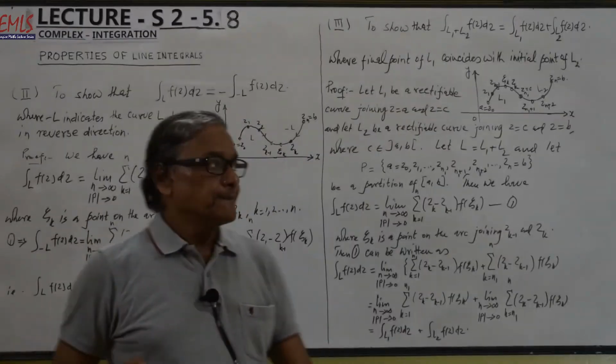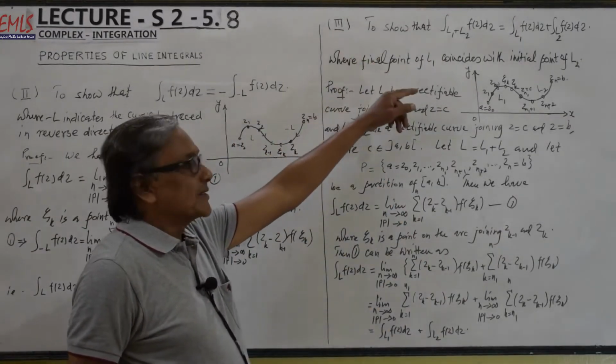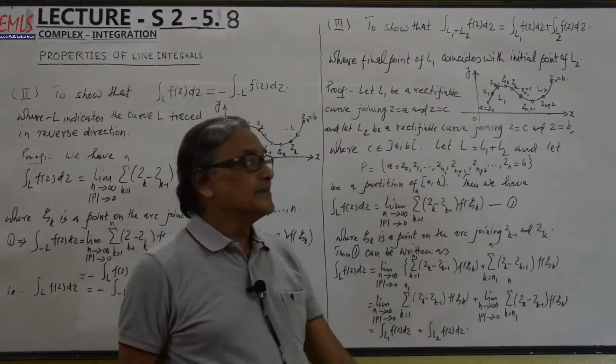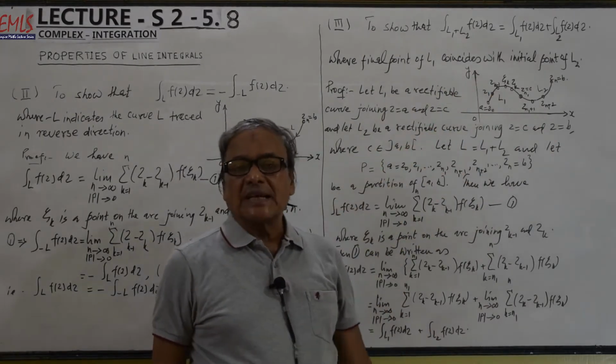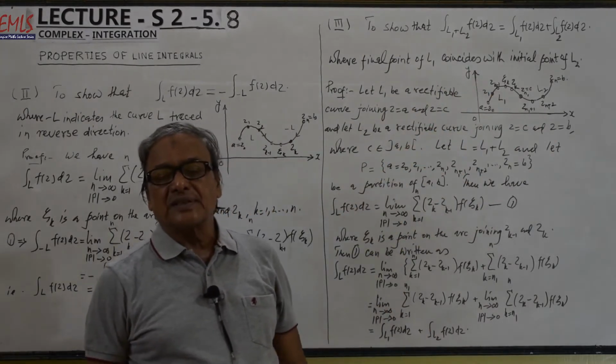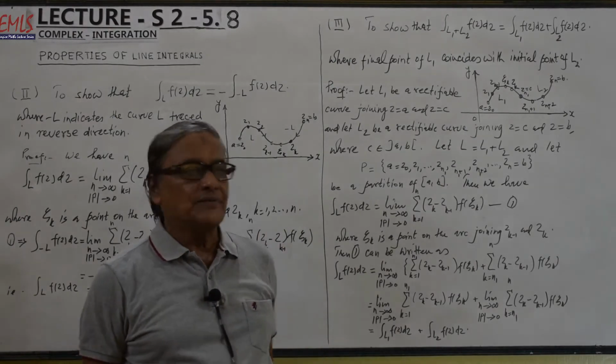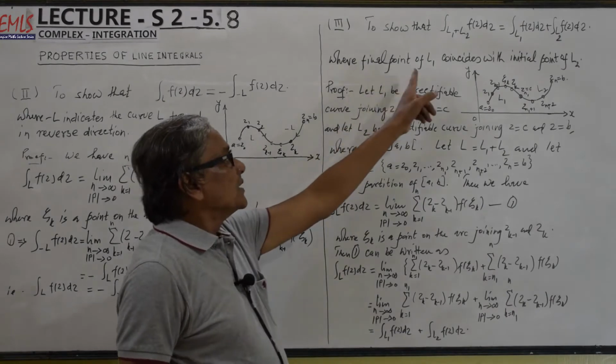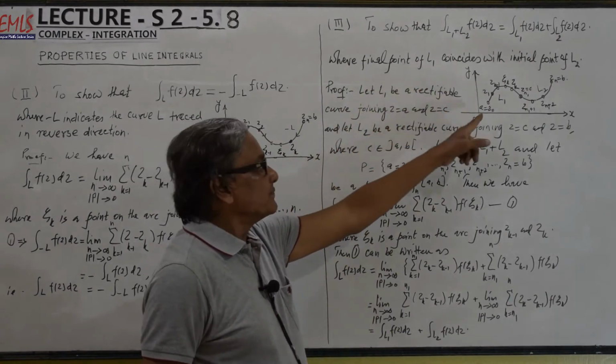Property number 3, to show that integral over L1 plus L2 f(z) dz is equal to integral over L1 f(z) dz plus integral over L2 f(z) dz, where final point of L1 coincides with the initial point of L2.